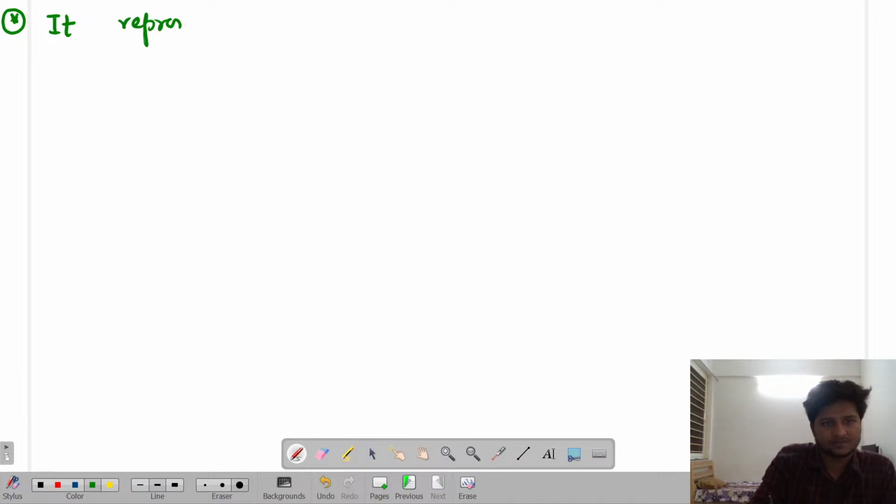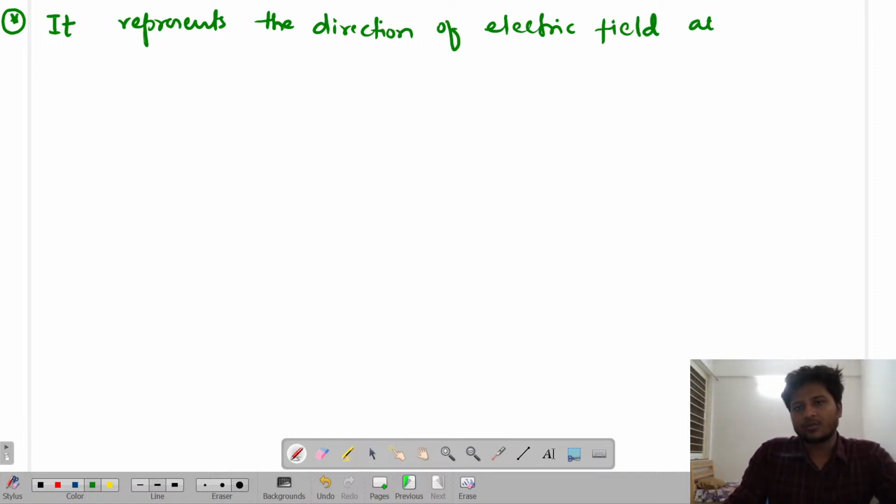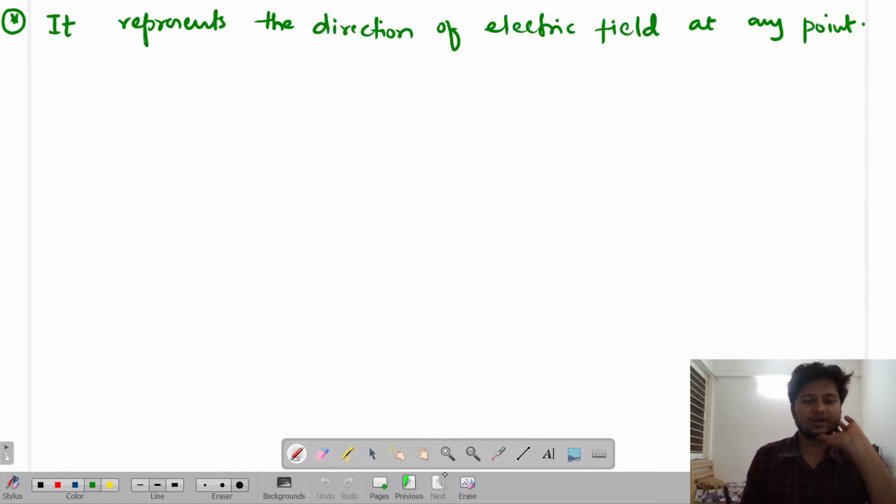It represents the direction of electric field at any point. Just like in streamline flow, at any point we can understand the velocity of the flow, similarly here electric field lines represent, at any point, the electric field which is present. Are you able to get me or not?